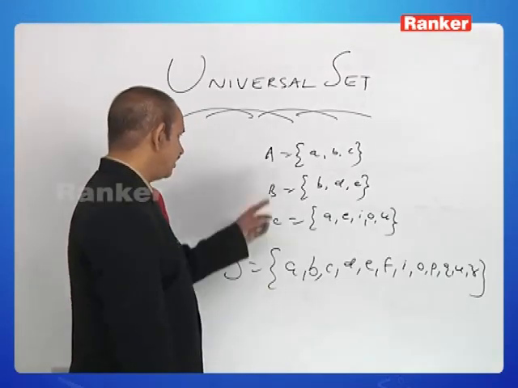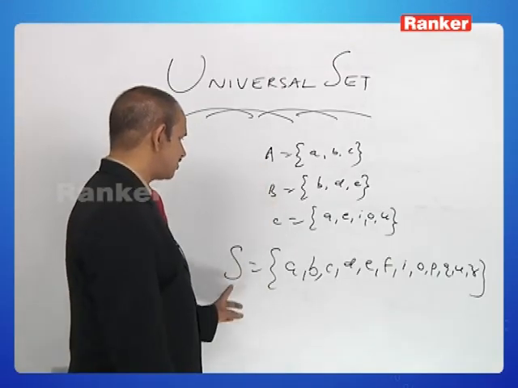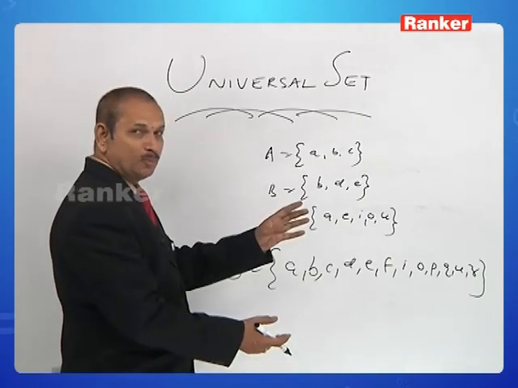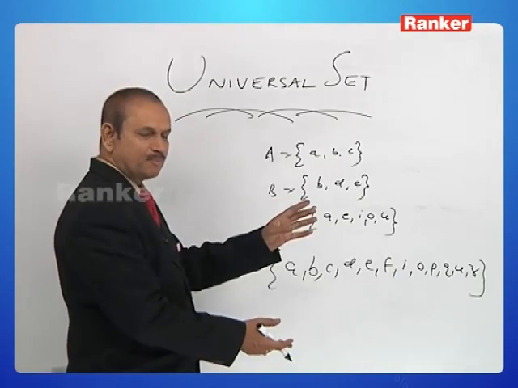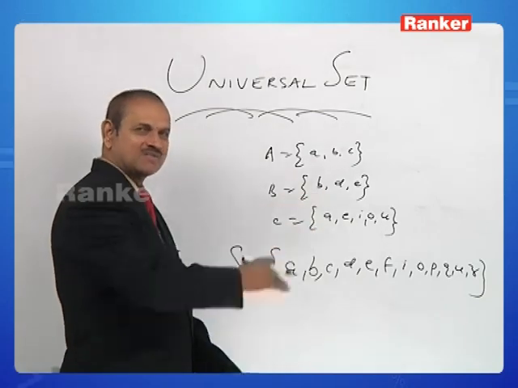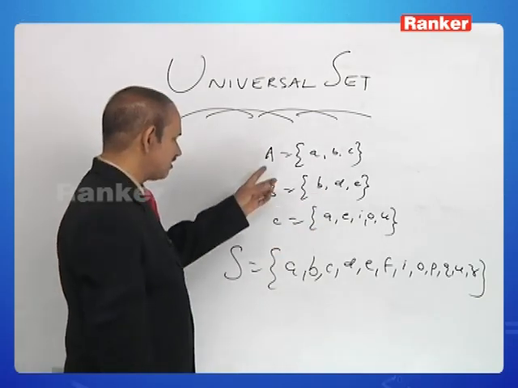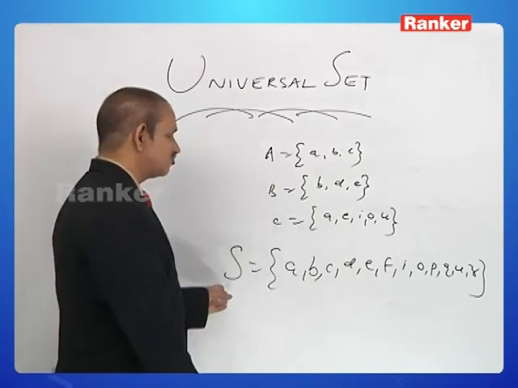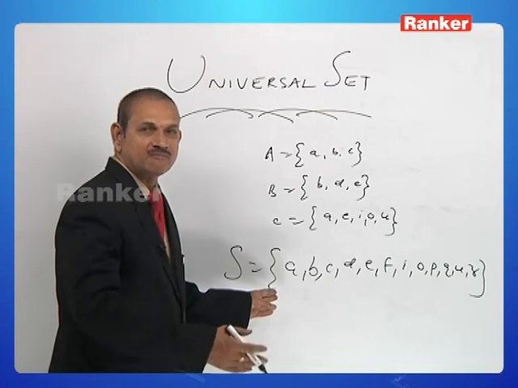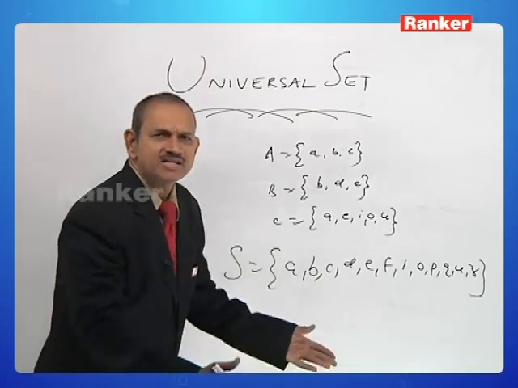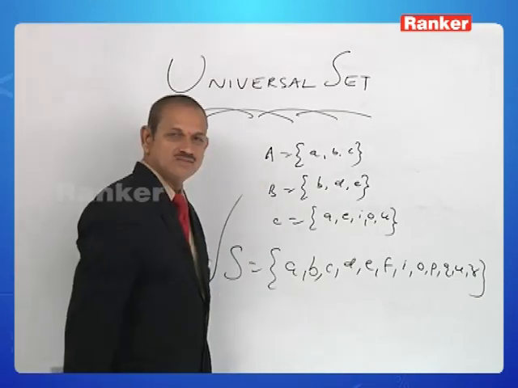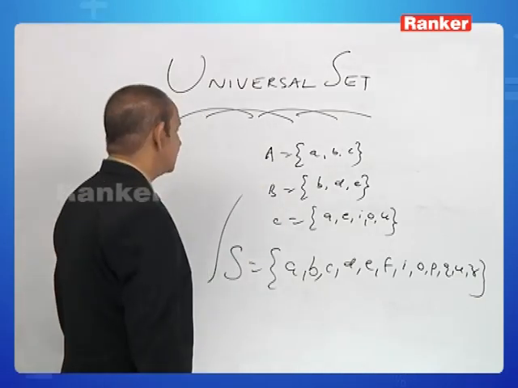Observe these sets. A is a subset of S, B is a subset of S, C is a subset of S. So, you pronounce these sentences in reverse order. S is a superset of A, S is a superset of B, S is a superset of C, hence S is a superset of every set under consideration. This S is a universal set.